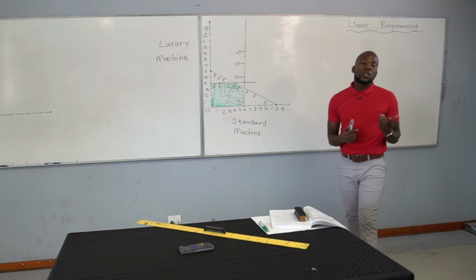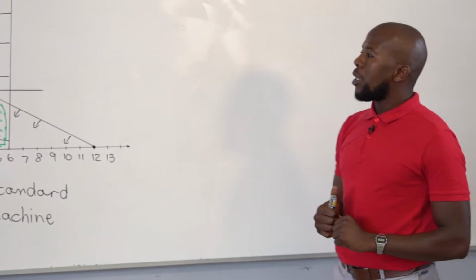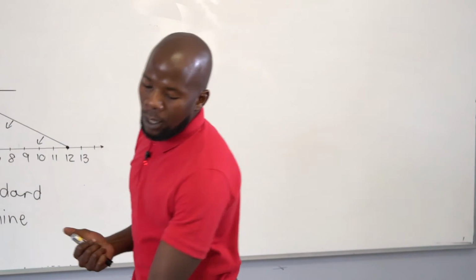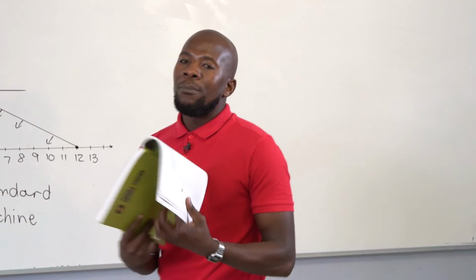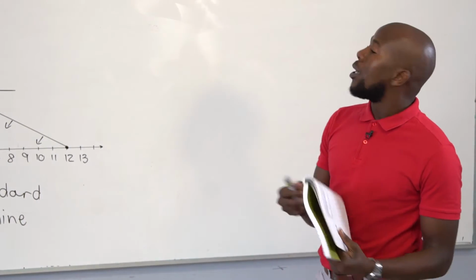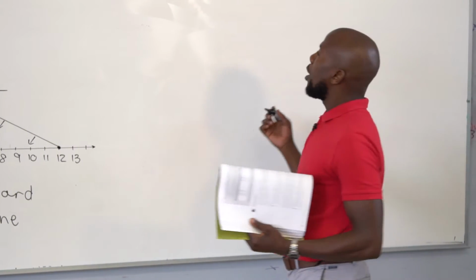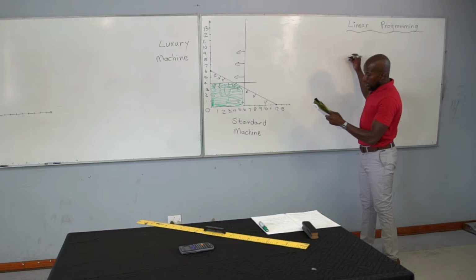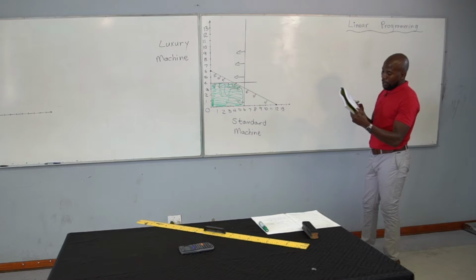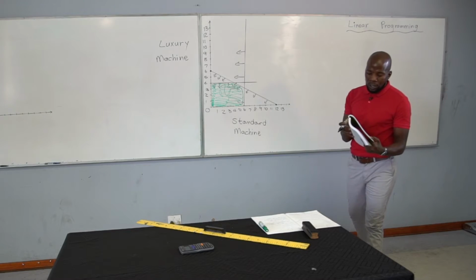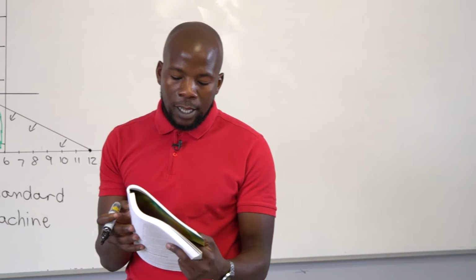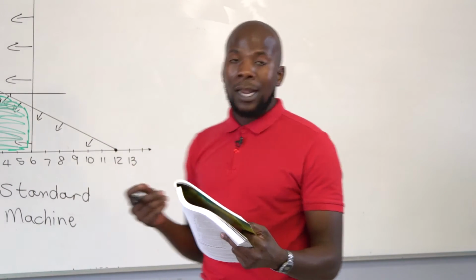Okay, we briefly touched on the search line method, but how exactly do we go about the search line method? The search line method first requires you to create a profit equation. If you look at the problem, they'll clearly state to you that the profit on the standard model is 600 and on the luxury model is 300.